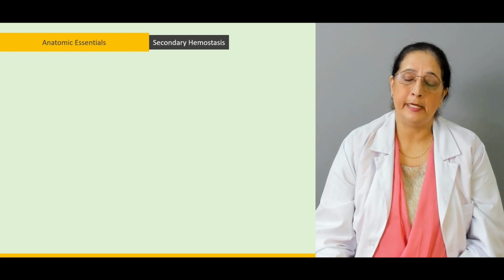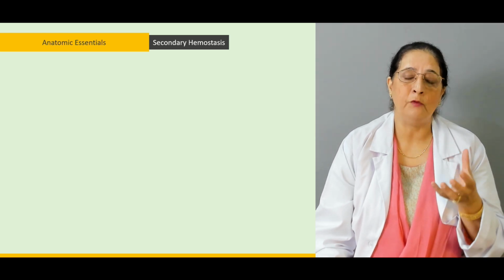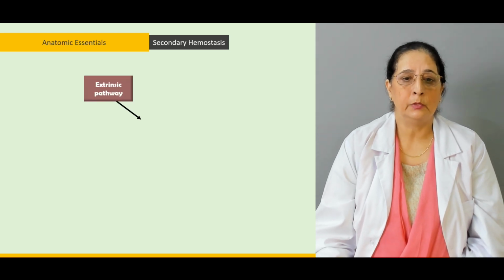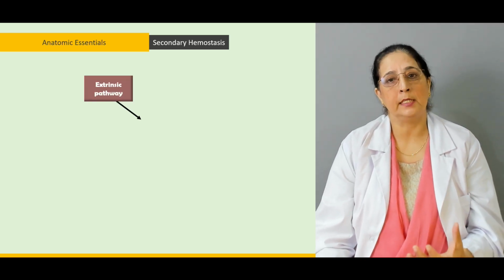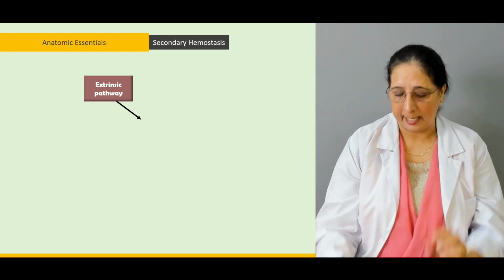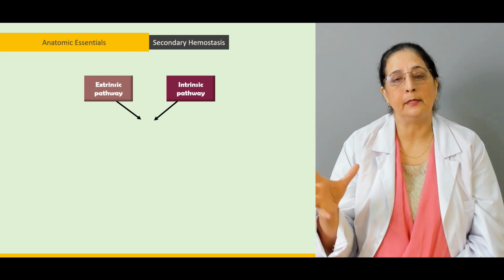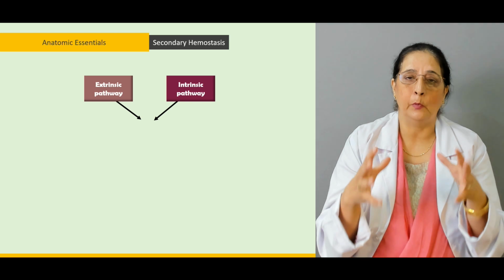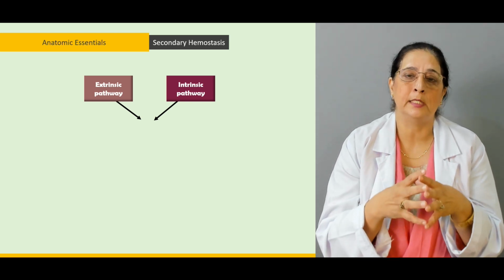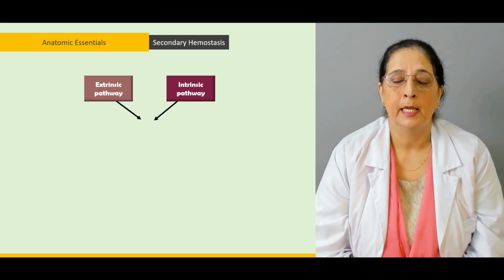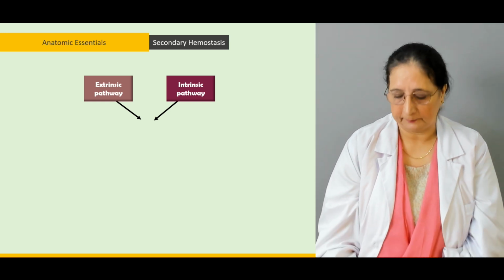Next, secondary hemostasis, which mainly involves the coagulation cascade. In this secondary hemostasis, we have two pathways. One is extrinsic, and then we have the intrinsic pathway. Extrinsic is outside, intrinsic is inside. Both these pathways bring different changes that lead to secondary hemostasis.